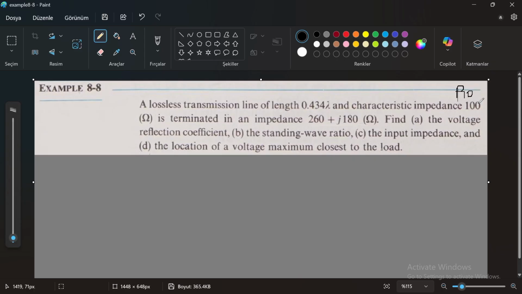RO is 100 ohm, is terminated in an impedance of this one. This is ZO. Okay. So let's try to draw the circle.